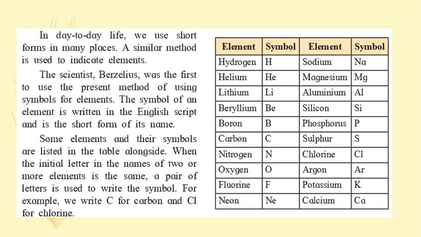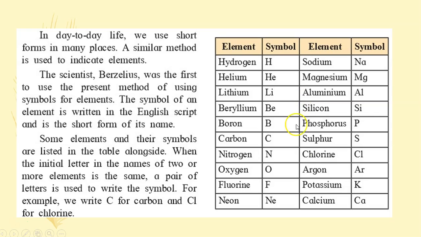Some elements and their symbols are listed in the table alongside. When the initial letter in the name of two or more elements is the same, a pair of letters is used to write the symbol. For example, we write capital C for carbon and capital C and small l, that is Cl, for chlorine.